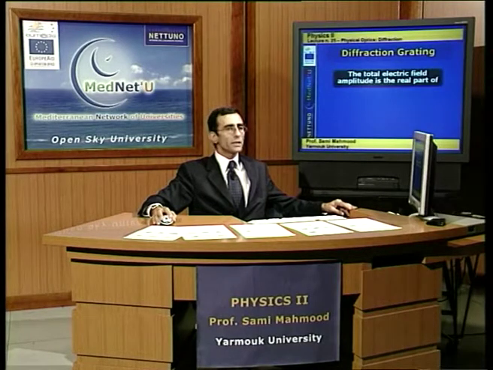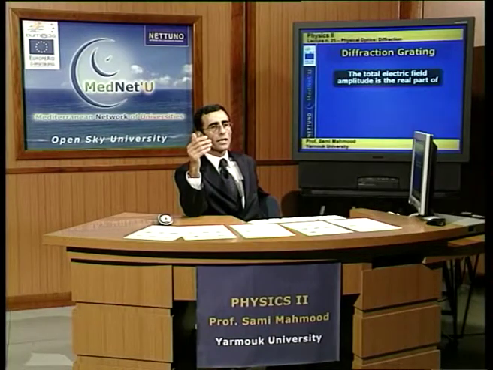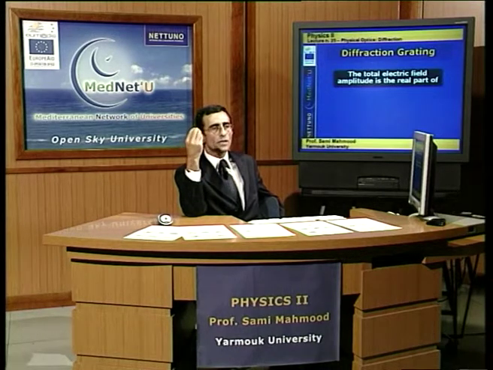And the total electric field amplitude can be calculated, and instead of the sinusoidal form, like E equals A times cosine omega t, or E equals A times sine omega t, we'll use complex numbers.